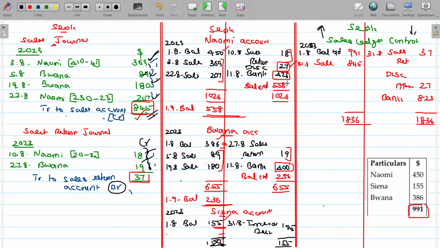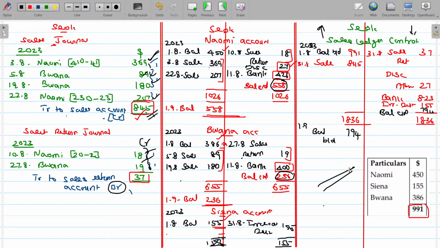That will also be posted here, irrecoverable debt from Naomi 155. And finishing up tallying, you will get the balance carried down being 558 and 236. The summation of these two values will be there. What is the value? 794. You can rewrite to the other side, first day of the next month, balance brought down being 794.